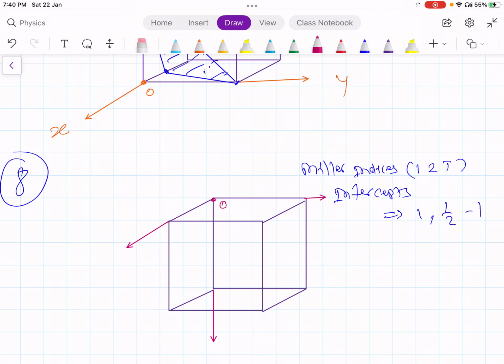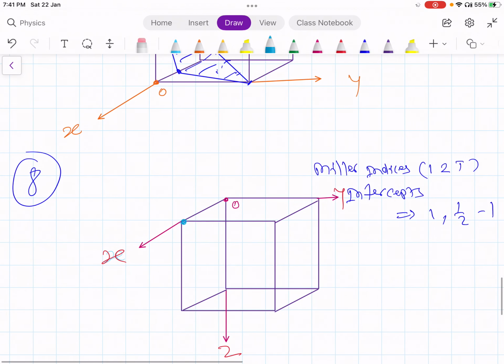So let's mark the points. Points are 1 on x-axis. We have to mark the axis actually. This is x, y, and z. Then x-intercept is -1, y is half, half is here, and z is -1, is over here.